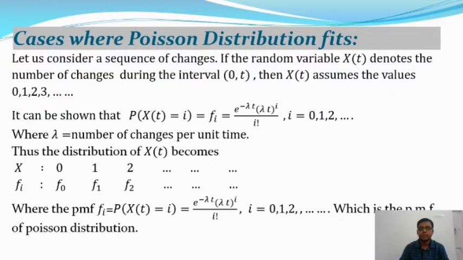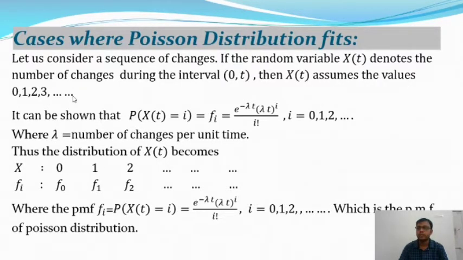So in this slide we will discuss some cases where the Poisson distribution fits. Let us consider a sequence of changes. If the random variable X of t denotes the number of changes during the interval 0 comma t, then X of t assumes the values 0, 1, 2 and up to infinity.